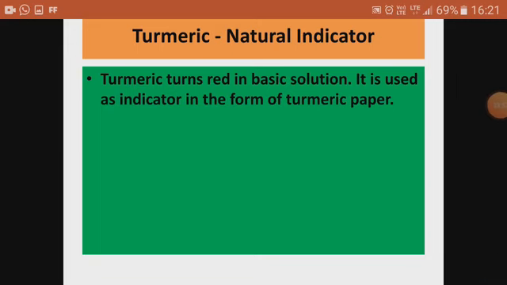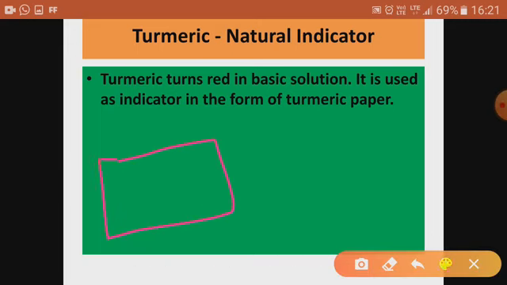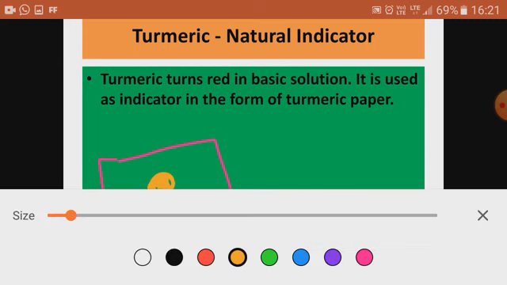Now you must have observed that whenever you have a yellow stain, for example this is your shirt and you have got a yellow stain on it because of turmeric during recess, and your mother uses soap. You know, soap is a basic substance. Soaps and detergents, shampoos, these all are basic substances.